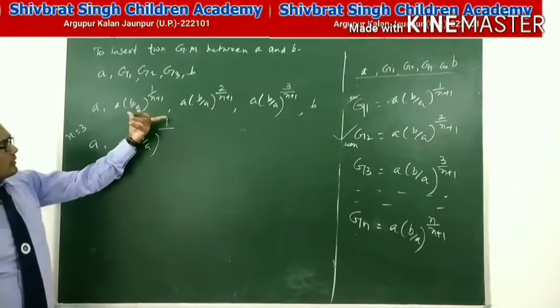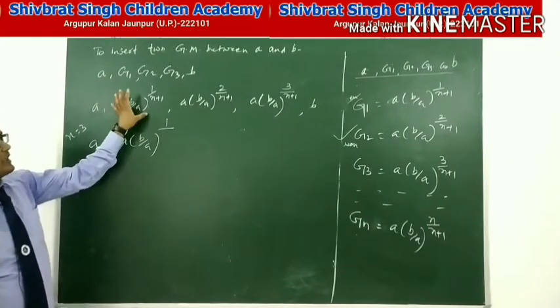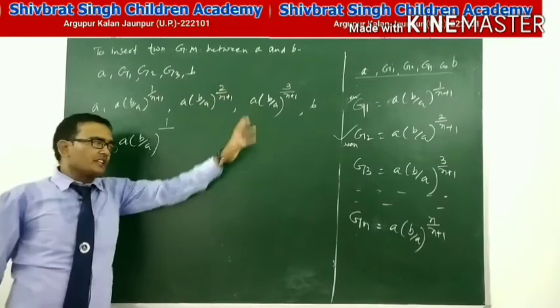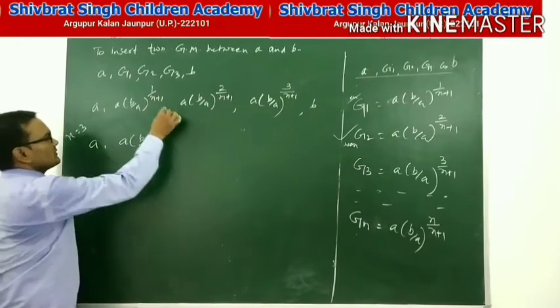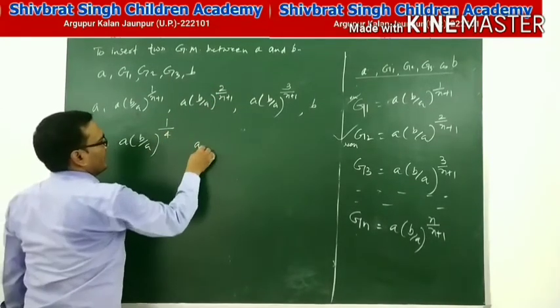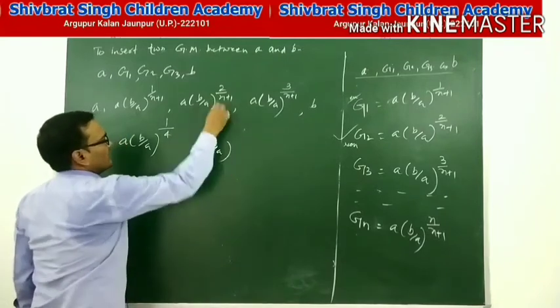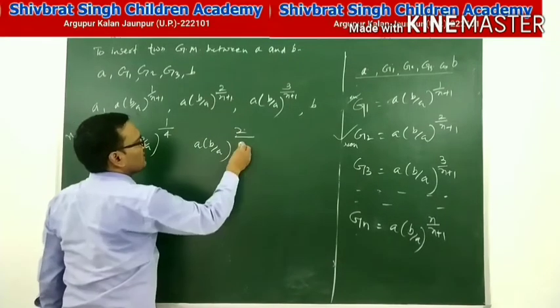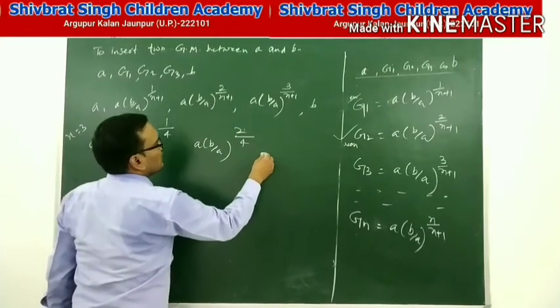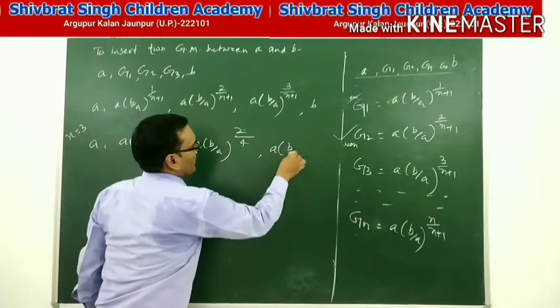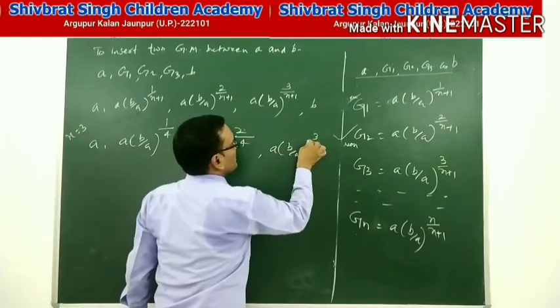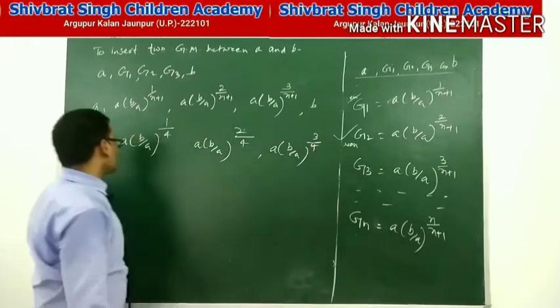Because you can insert three geometric means between A and B. A, B upon A to the power 2 upon 4, and A, B upon A to the power 3 upon 4.